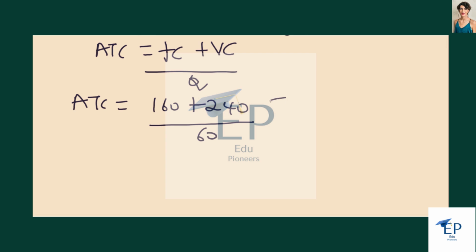So this is going to give you 400 divided by 60, and that will give you 6.67. So the average total cost for 60 haircuts is 6.67.